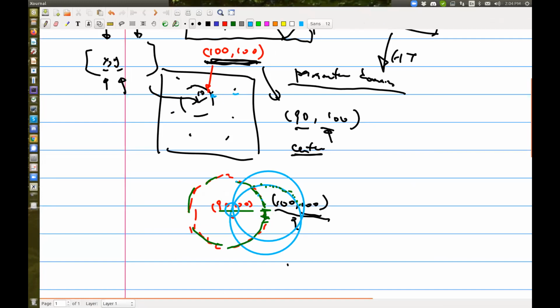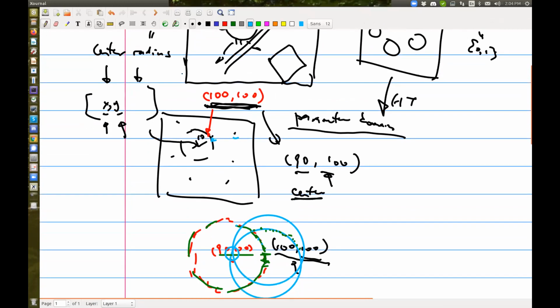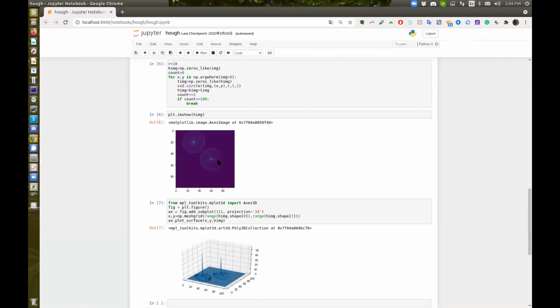So in that parameter space, I have the parameter space of the circle here.